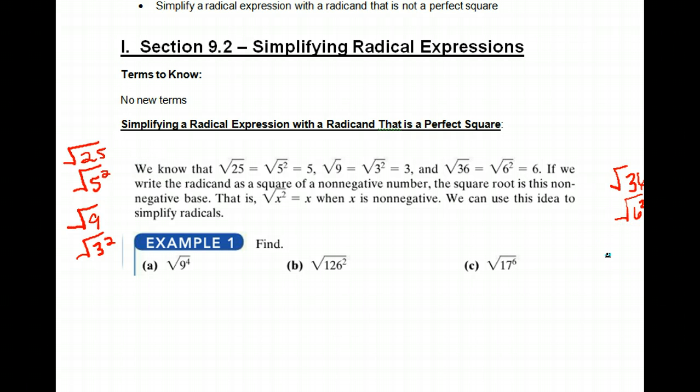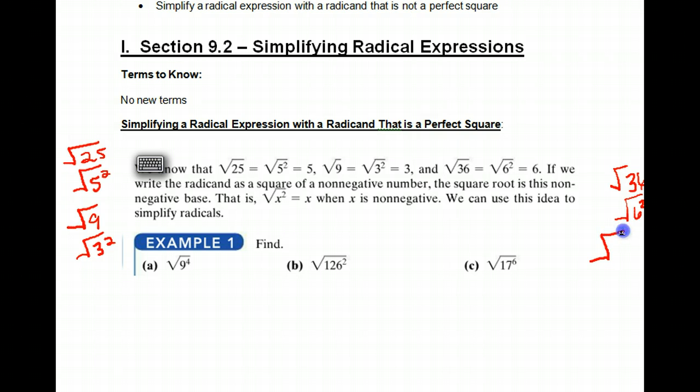And when we evaluate that square root, we get the answer of 6. When we rewrite this way and evaluate it, the square root is always going to be the answer of that non-negative base.